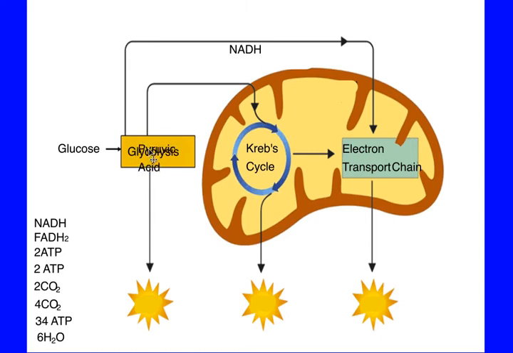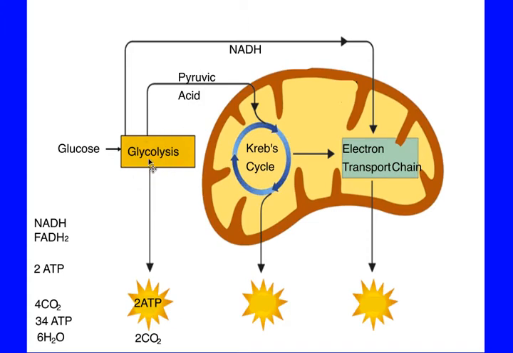So our pyruvic acid is going to go to the Krebs cycle, so I'm going to put that right here. And then we made 2 ATP molecules. Okay, and there's my 2 ATP molecules. Now, in the process of doing this, we're also going to produce 2 carbon dioxide waste molecules. So we'll put that down here as well.